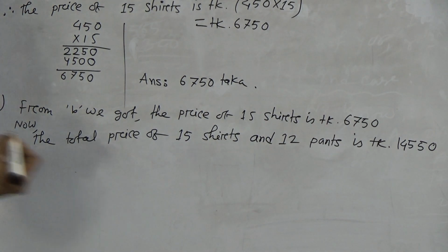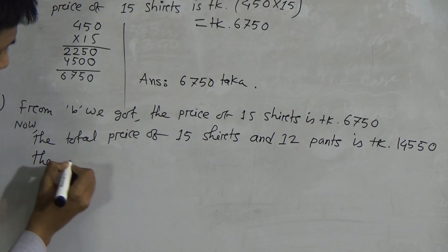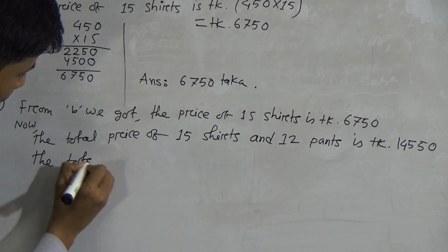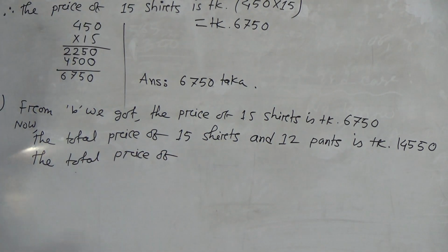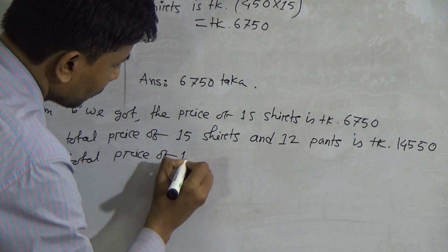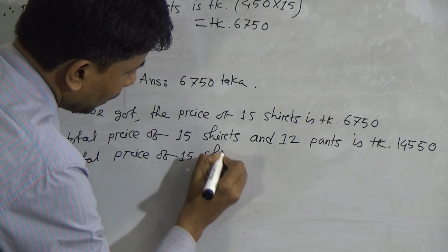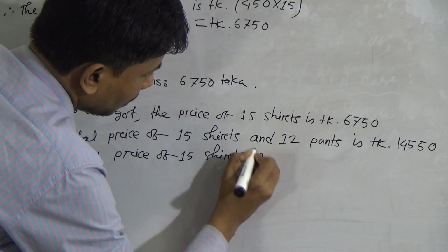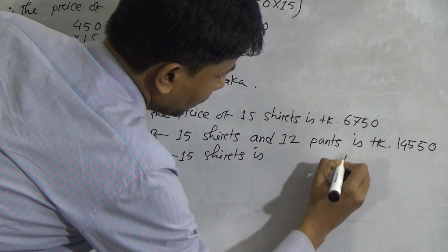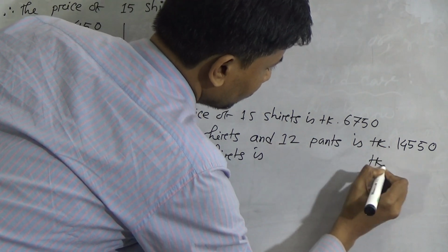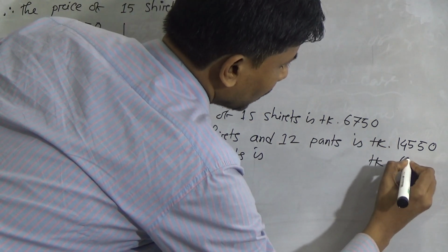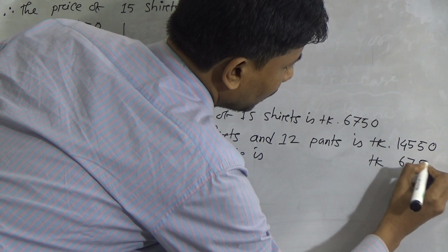Now we have already got the price of 15 shirts is 6,750. Right, now the total price of 15 shirts is taka how much? 6,750.